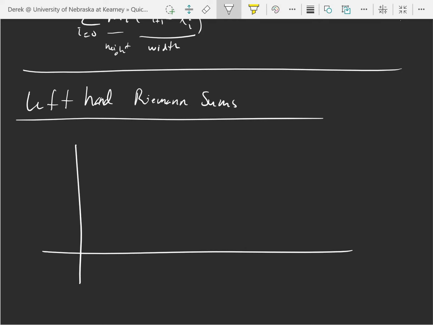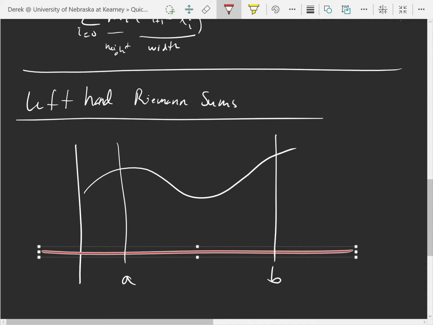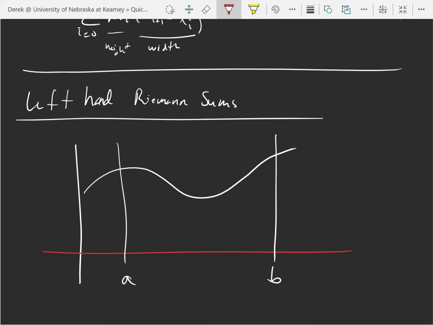Well, the picture is similar again. I've got from a to b, and usually textbooks have you form an easy partition to work with. The easy partition being something that is spread out uniformly so that each of these rectangles has the exact same width.